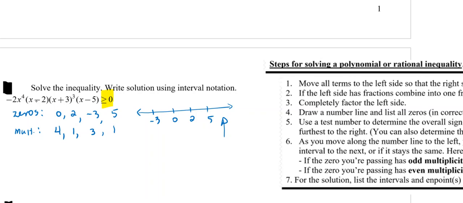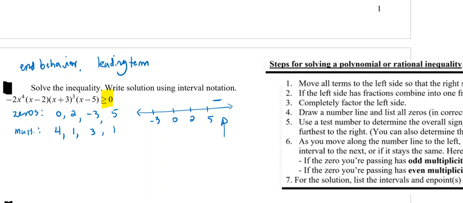So negative 2 times those positive numbers is going to be negative. If you want to practice finding the end behavior based on the leading term, you can do that just to practice what we've learned in previous sections.